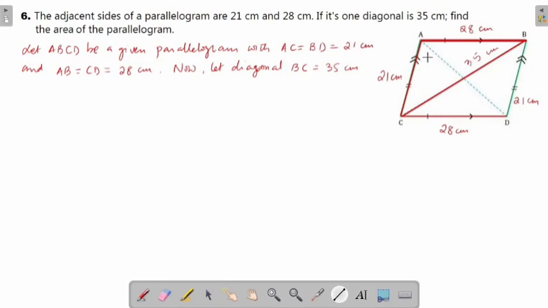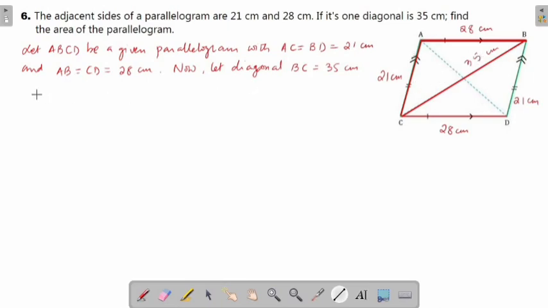So I will first find the area of one triangle and multiply that area by 2, because we have got two triangles. That will give me the area of this parallelogram ABCD.